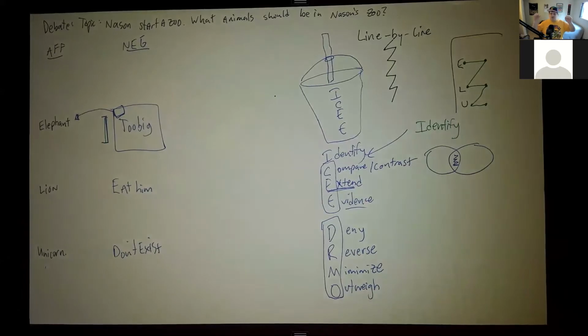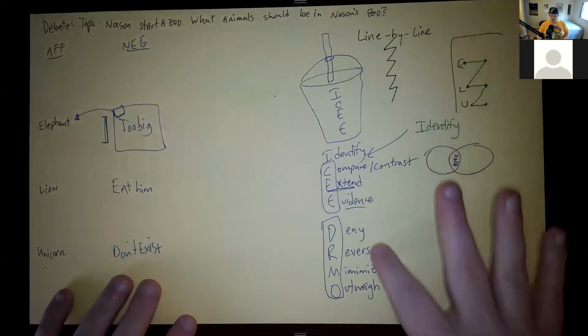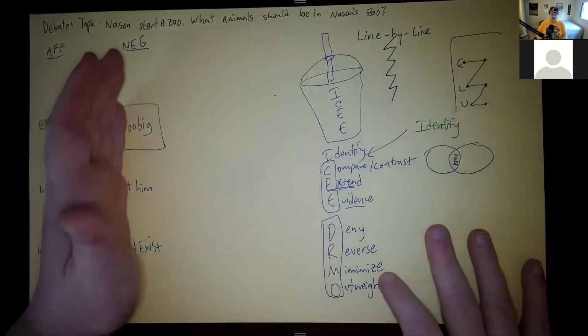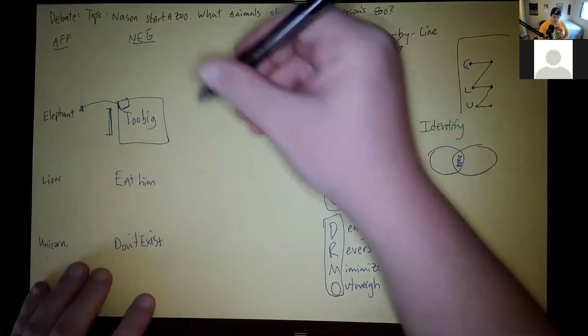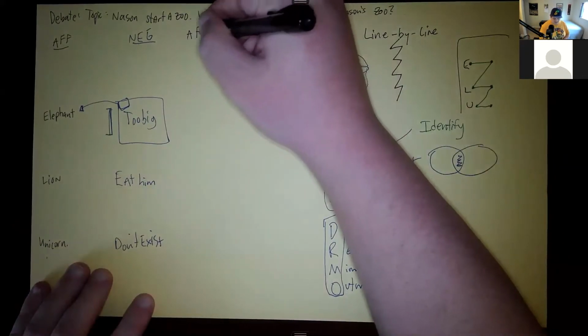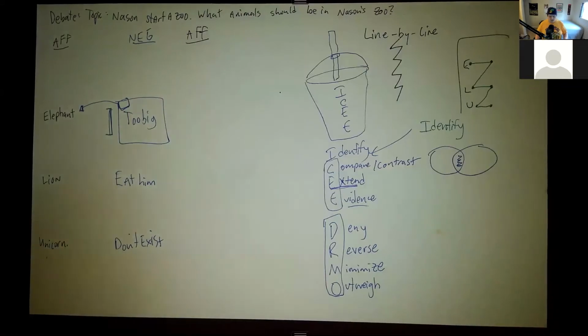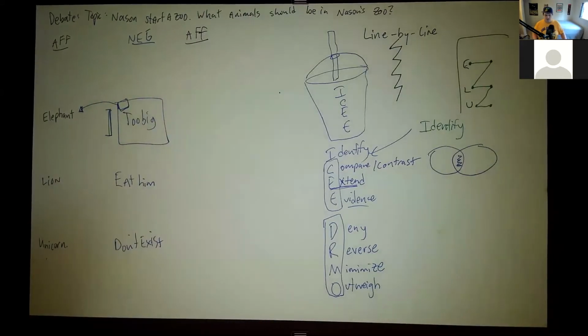Now, obviously, when you introduce the arguments into the debate, there's less of a chance for you to do these things, and these things come later in the debate, right? So now, if we were AF again in this debate, what would you do?